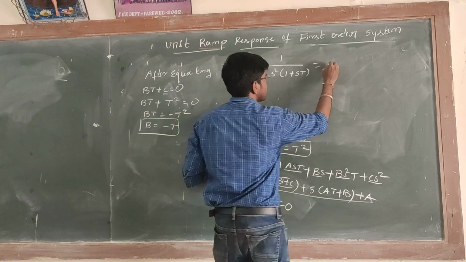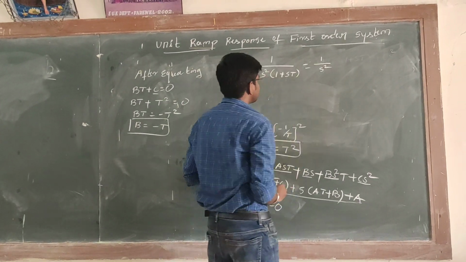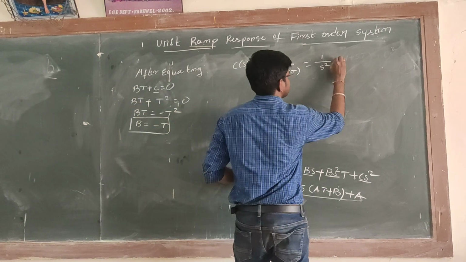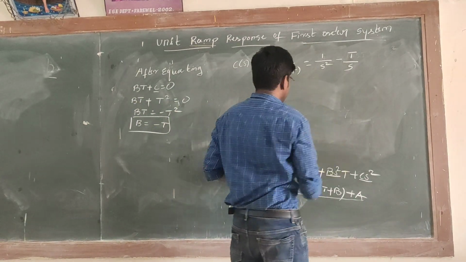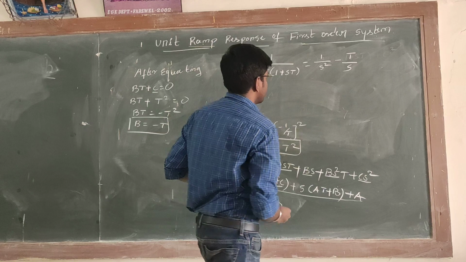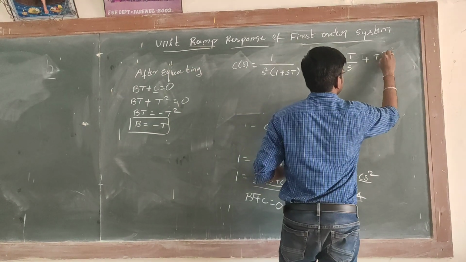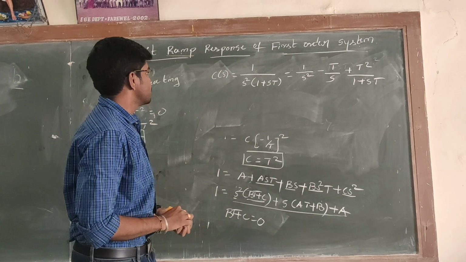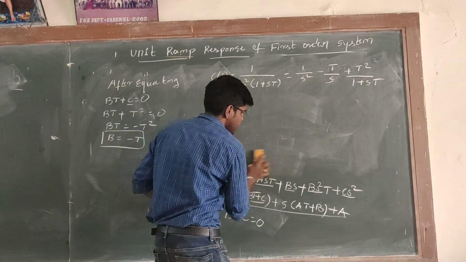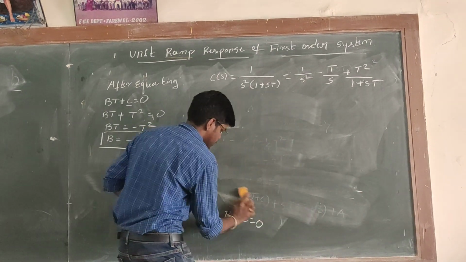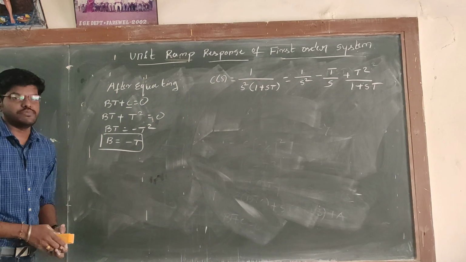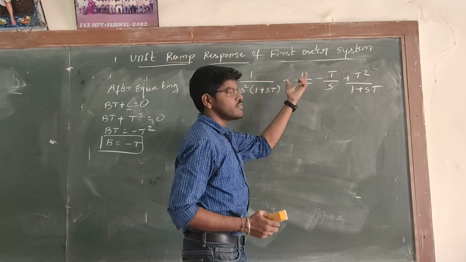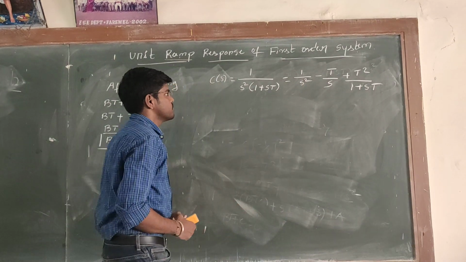So A is 1, so 1 by S square plus B by S. We got B as minus T, so we write minus T by S, and C is T square, so plus T square by 1 plus ST. Okay, so this is the equation. We got the values of A, B, C after partial fraction expansion. Now it is easy to apply the inverse Laplace transform and we can get the response of the system.